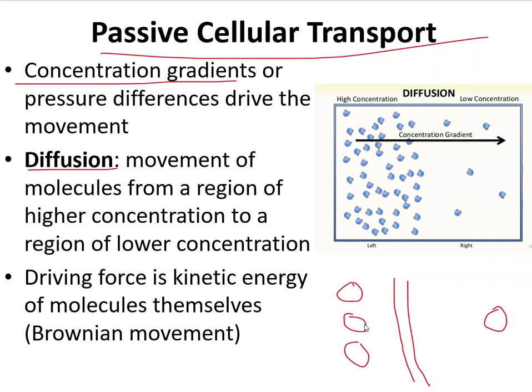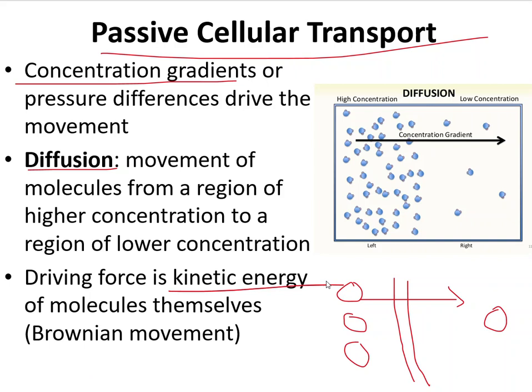I've got more here than I do there, and because of Brownian motion, one of these guys is going to move, and then I'll have two on each side, and they'll be equal. But you can see there's a larger concentration gradient here going to a lower. And that's how diffusion works.